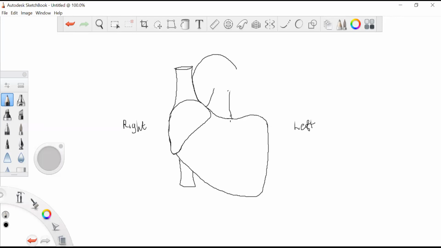Sorry, this is the pulmonary artery. I got it wrongly. The pulmonary artery emerges from the right side of the heart. The pulmonary artery actually carries deoxygenated blood to your lungs. So this is the pulmonary artery.